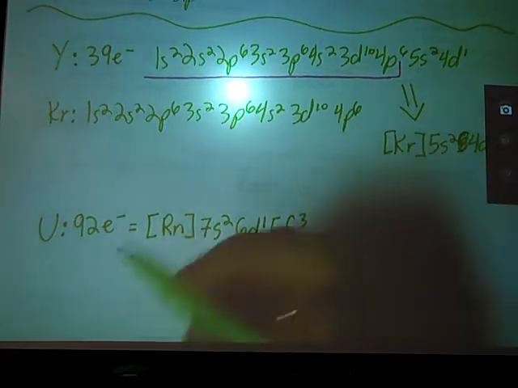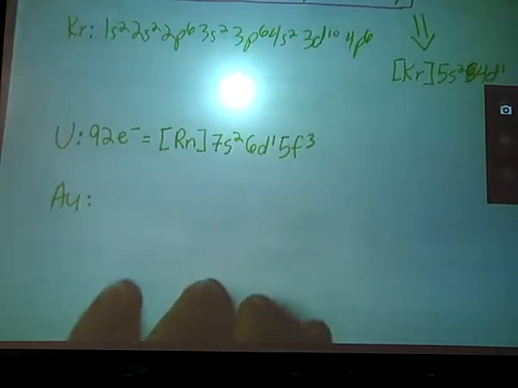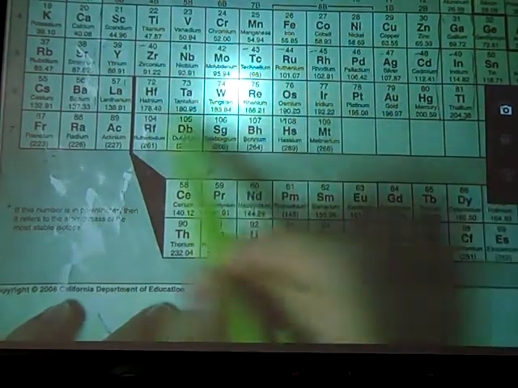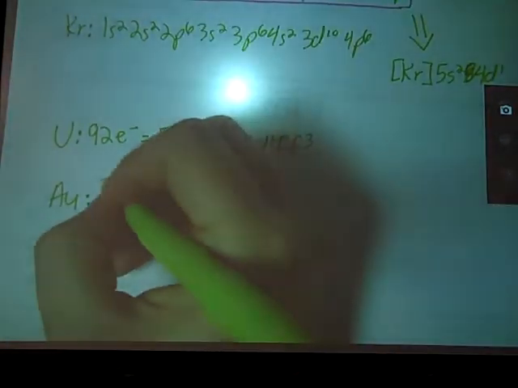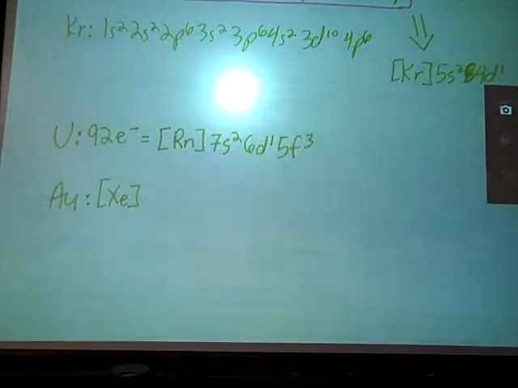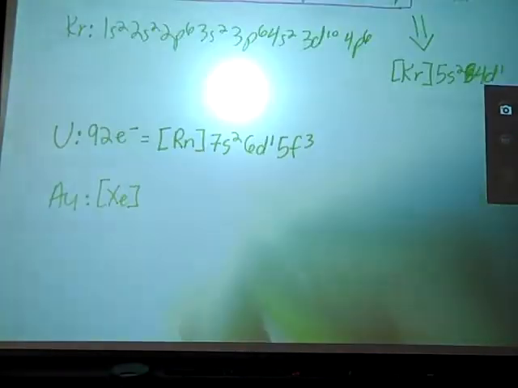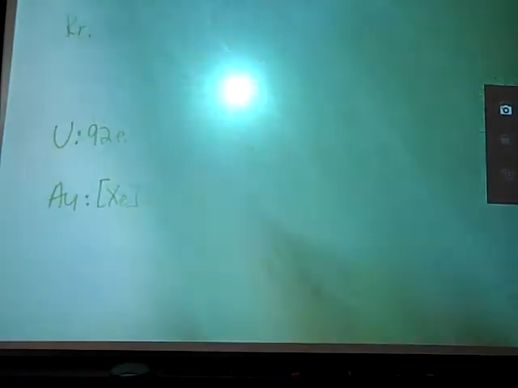Let's do gold. Au. Gold. There he is. Let's run backwards, backwards, backwards. Xenon. That's my abbreviation. Xenon. And then we proceed forward. 6s2. Here's 5d1.